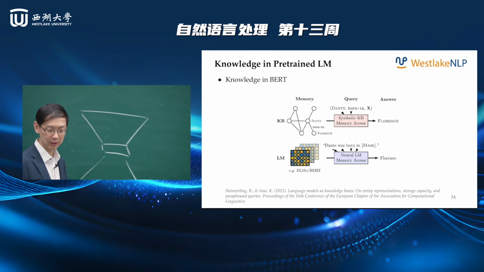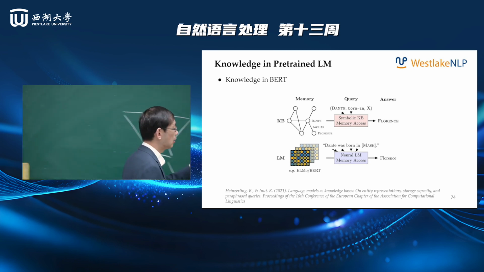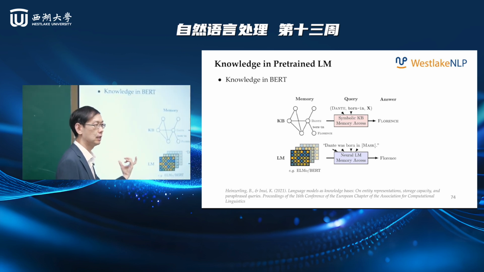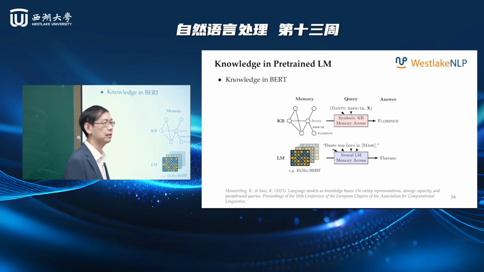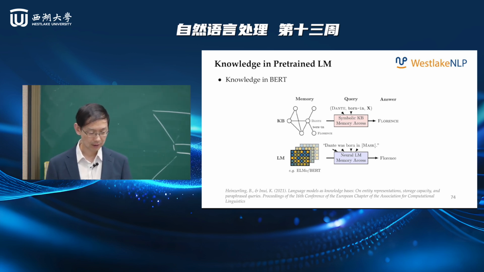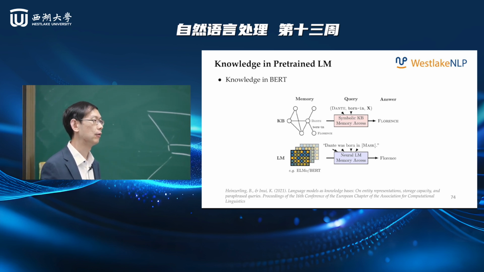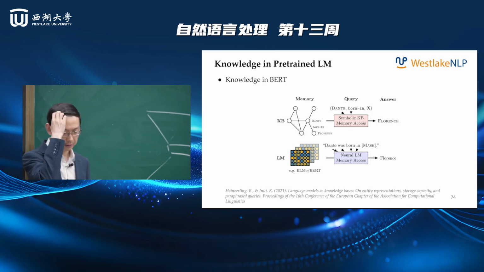In theory, it could contain that. So the idea is to map a knowledge graph triplet, entity, relation, entity, into a sentence. And then you mask one entity and let BERT predict that entity. And people found that ELMo and BERT contain the correct answer, like Florence, to a high degree of accuracy.